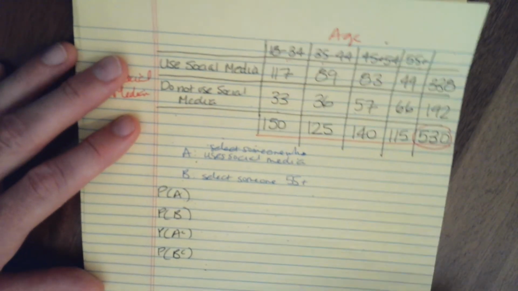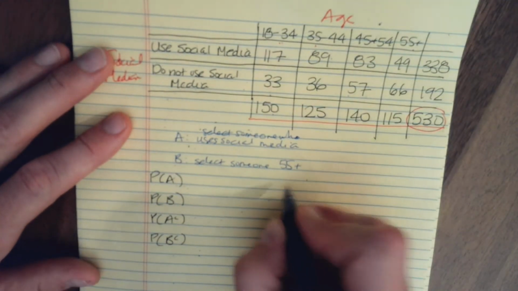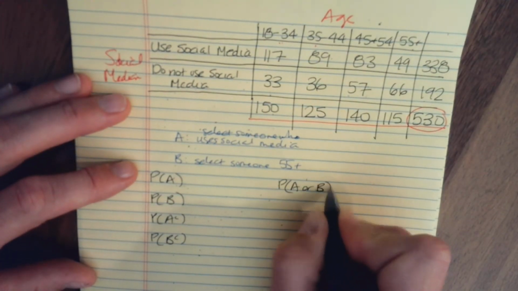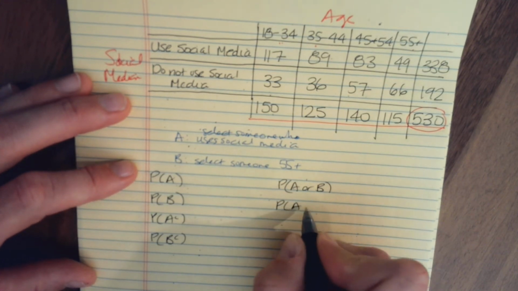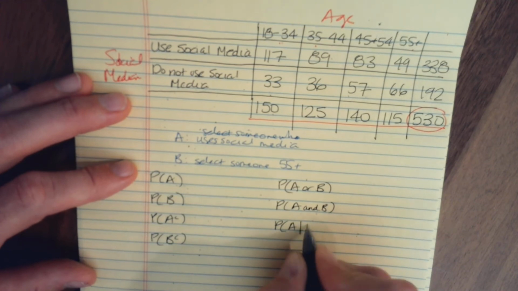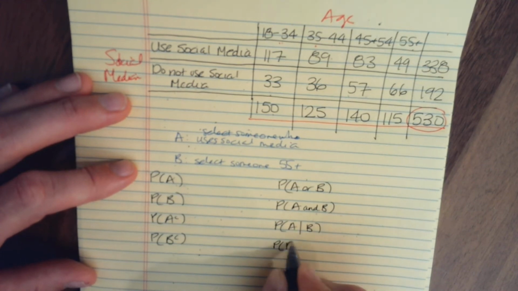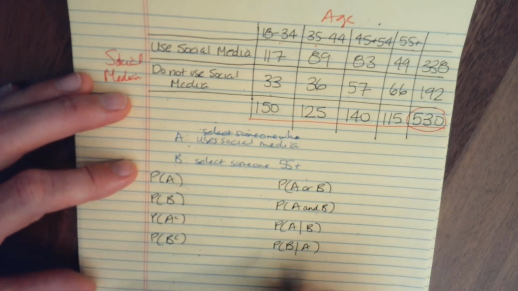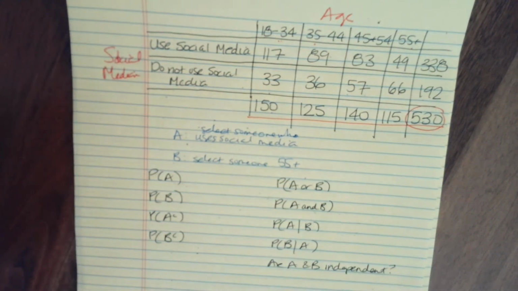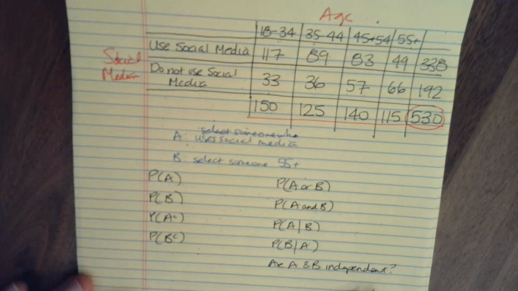We'll also want to do the probability of A or B, the probability of A and B, the probability of A given B, B given A, and then lastly we'll answer whether A and B are independent. And we'll give some justification.